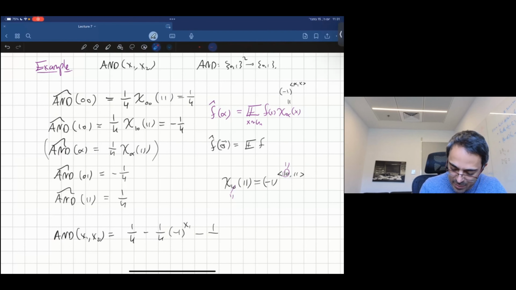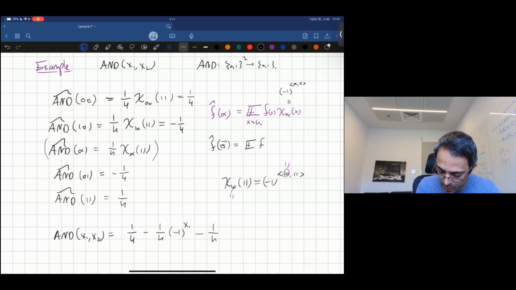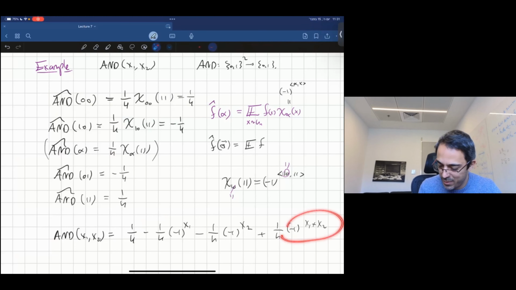This is minus 1/4. It's coming from chi (1,0), but chi (1,0) explicitly is (-1) to the x1. And then you have (-1) to the x2. When you have a plus 1/4 (-1) to x1 plus x2, that's chi of (1,1).